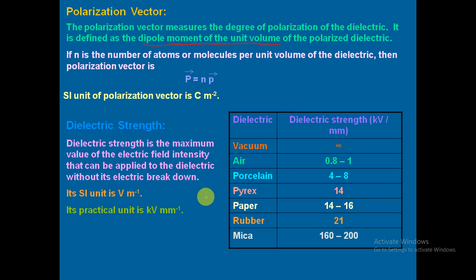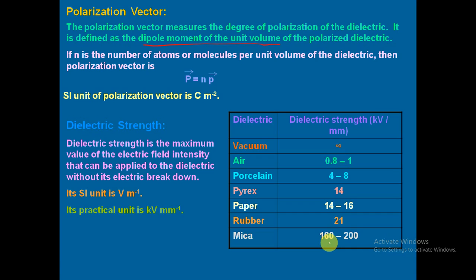So these are some of the dielectrics, and their dielectric strengths are given. For vacuum, dielectric strength is infinity, so an infinite electric field can be applied to vacuum. Air 0.1 to 1. Porcelain 4 to 8. Pyrex 14. Paper 14 to 16. Rubber 21.